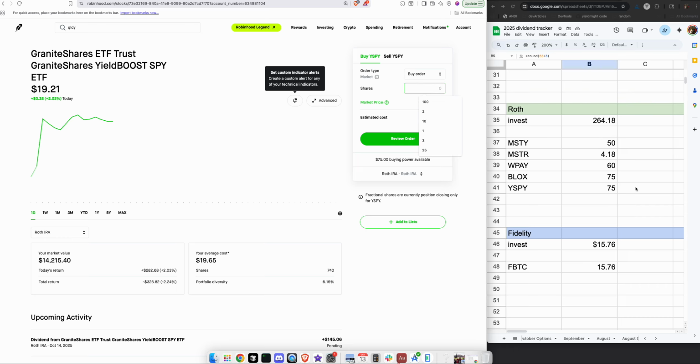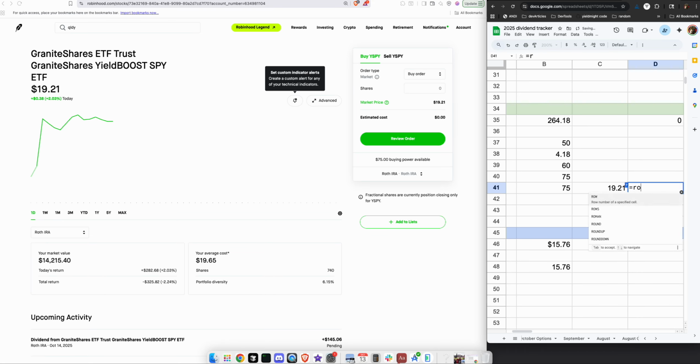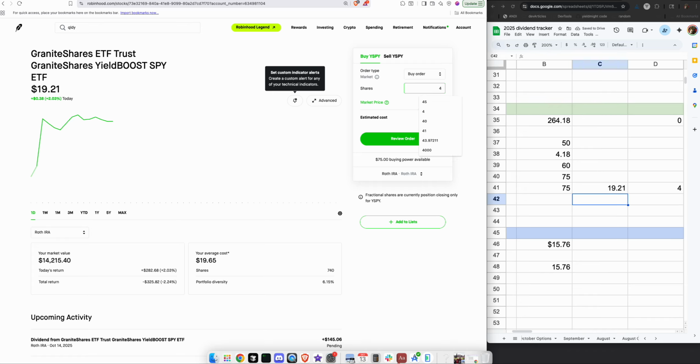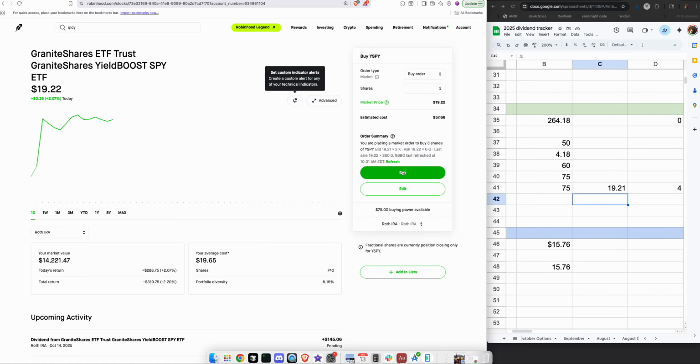We can only buy that in shares. So it is currently around 19.21, divided by this, and we can buy 4 shares of this. I only have $75, so we're going to get 3 shares of this. We're going to buy that.